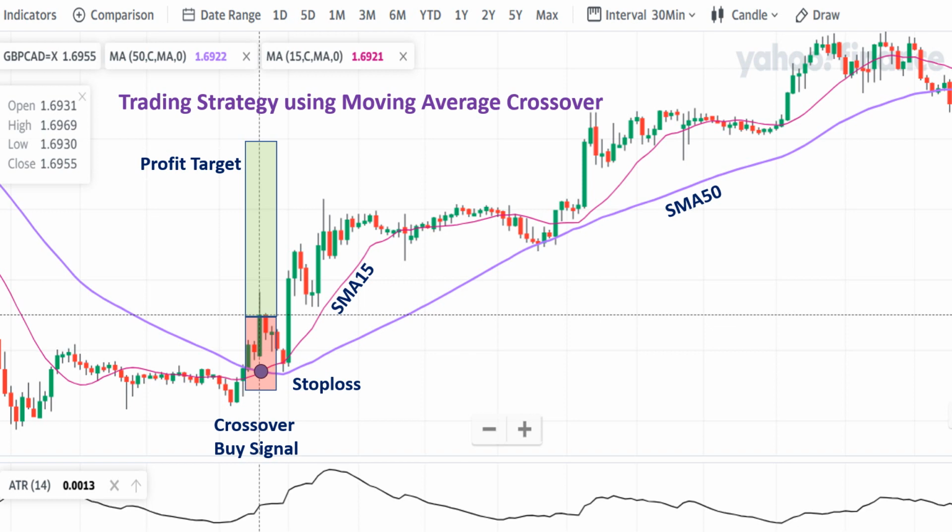Subsequently, the trend continues its upward trajectory, further validating the effectiveness of our strategy and timing of our entries. This successful trade exemplifies the importance of strategic planning and risk management in achieving profitable outcomes.